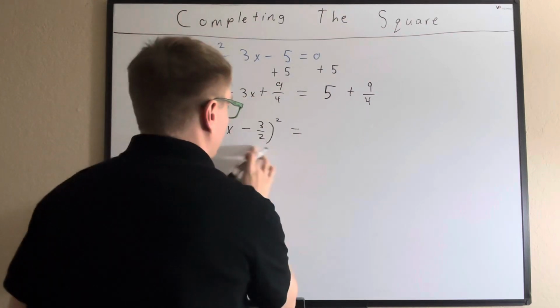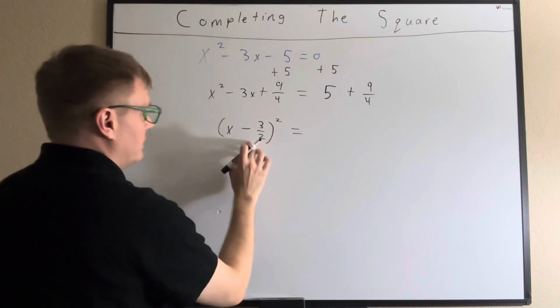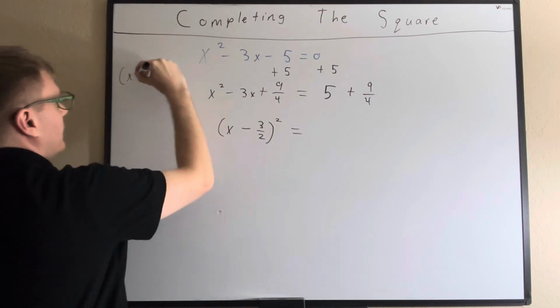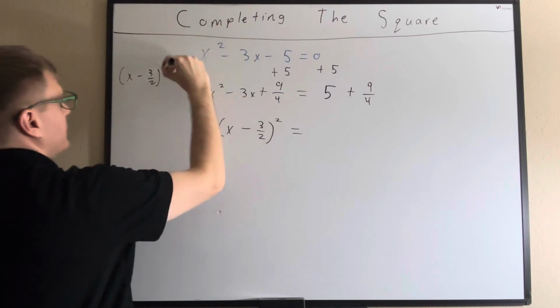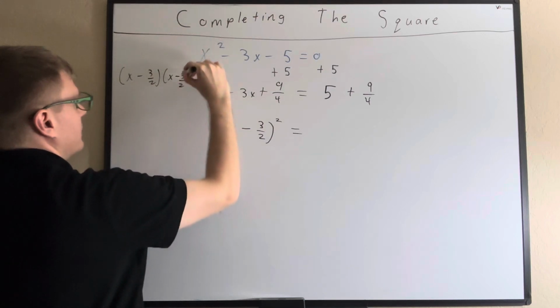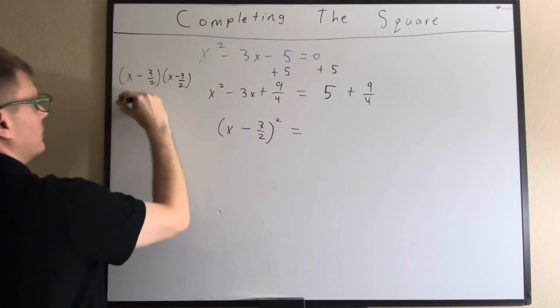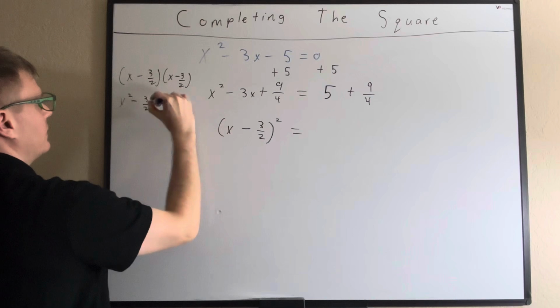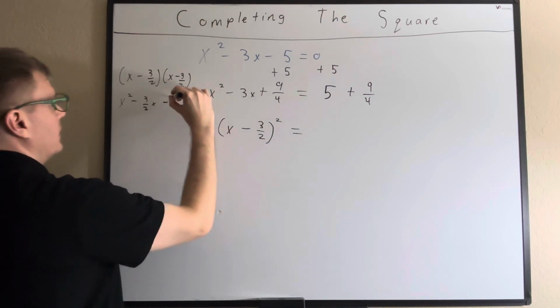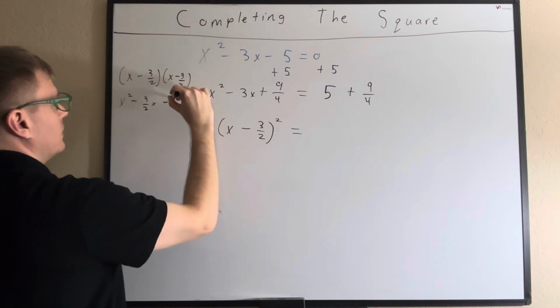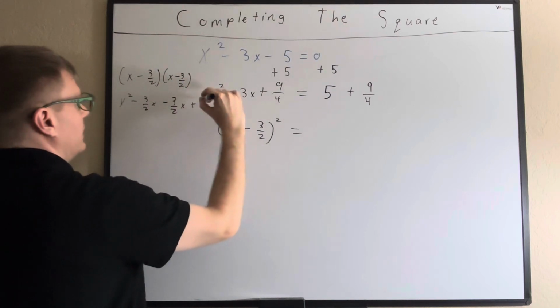And you can also check your work to make sure you factored that right. X minus 3/2 times x minus 3/2. X squared minus 3/2 x minus 3/2 x plus 9/4.